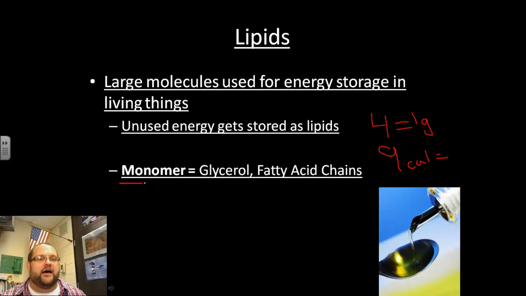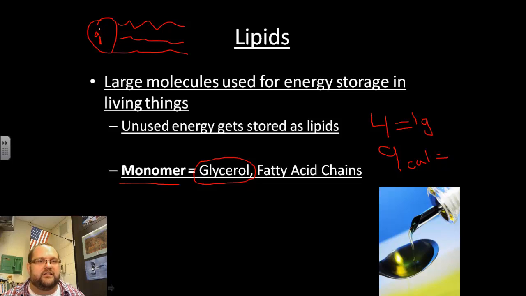Okay, if we're looking at these lipid molecules, a lipid has 2 monomers, and this one's sort of complex. It has this molecule called glycerol, and that's going to form like the head of the molecule. A polymer is going to be called a triglyceride. It's going to look like this, where it's got a head, and then it's got 3 tails coming out of it. The head is that glycerol, and the other part are these fatty acid chains, and there are 3 of them.